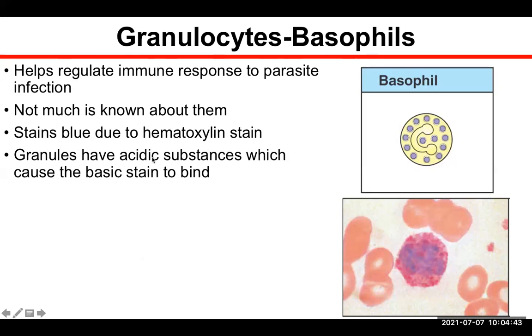Basophil gets its name from the basic components that the dye ends up staining with. So as I mentioned before, with hematoxylin and eosin, the hematoxylin is going to end up staining some of this compartment blue, and that just has to do with the acidic components that are within these granules.